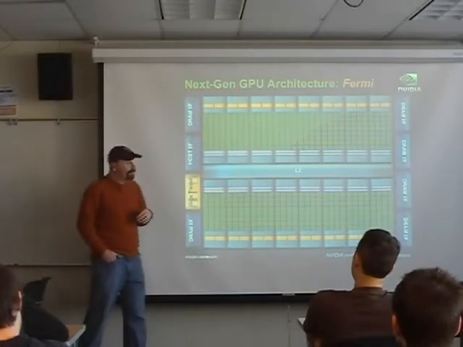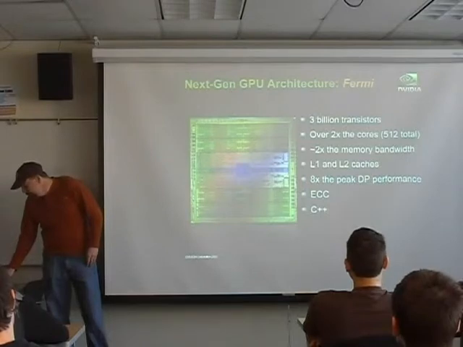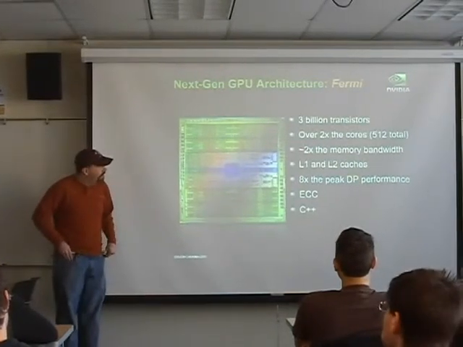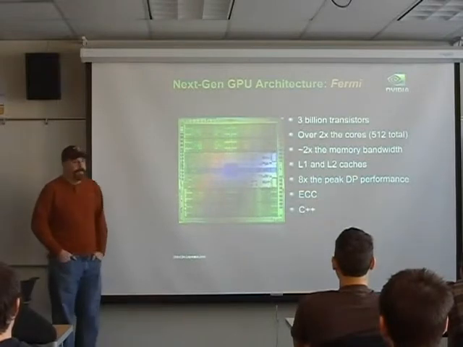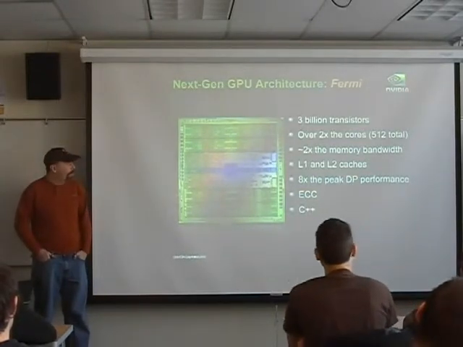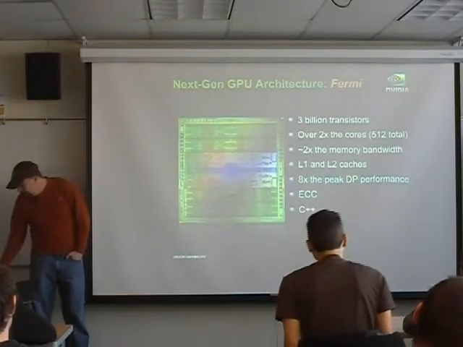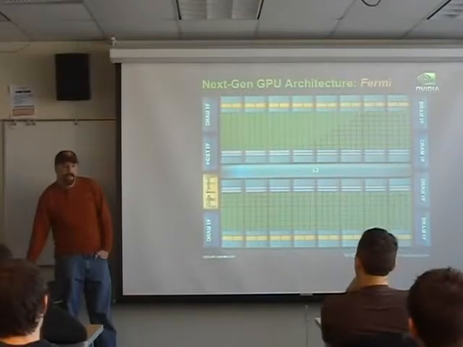I'll talk a little bit about it in a bit, but a lot of transistors, 3 billion, means a big die. A big die means lots of difficulties making it, but it's a powerful chip with a lot of arithmetic units in it. By the way, pretty much all of that green that you see up there is math.